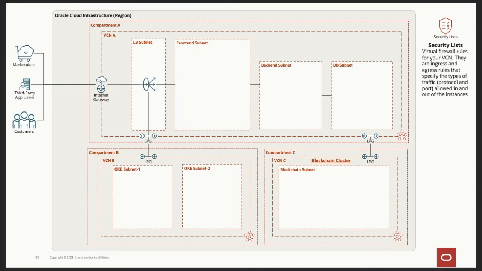So here we will give each subnet a security list, and each subnet can have multiple security lists associated with it, and each of those lists can have multiple rules within them. So remember that when we grouped out the resources into different subnets, it was because of the different security requirements that these environments have. So here is where we can make those different distinctions.